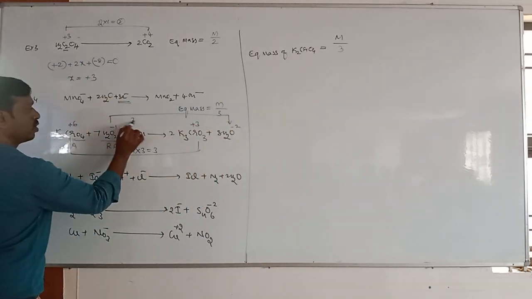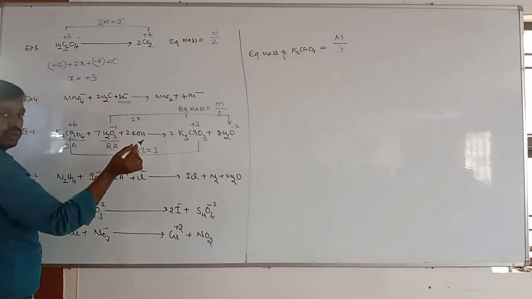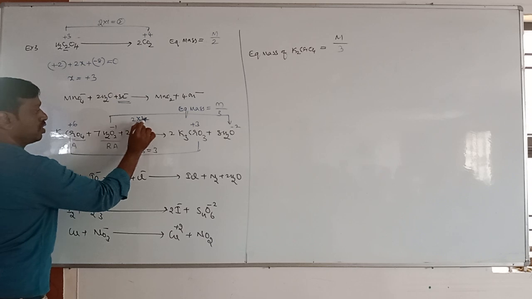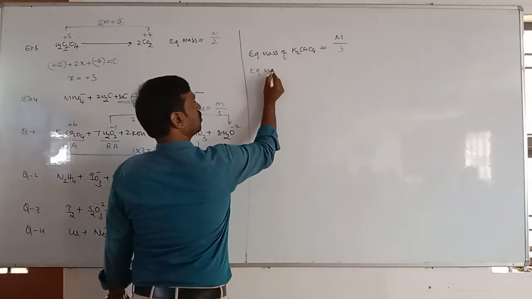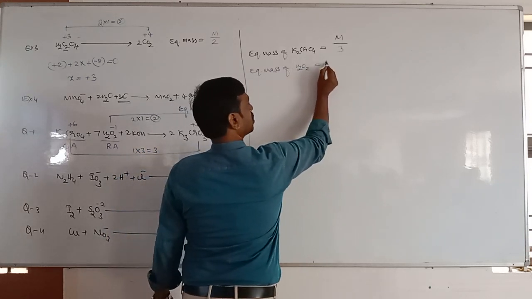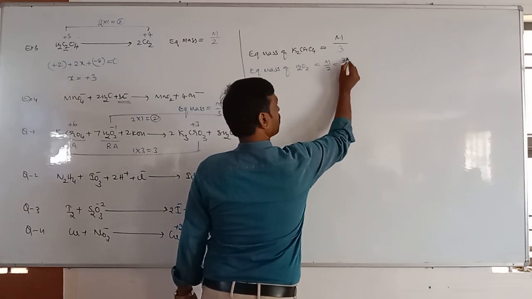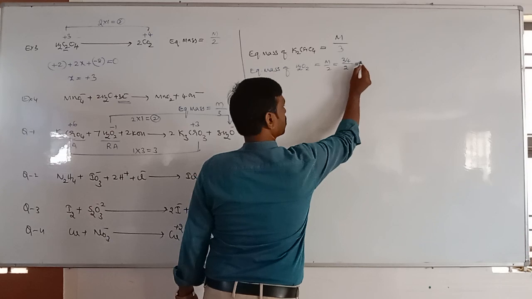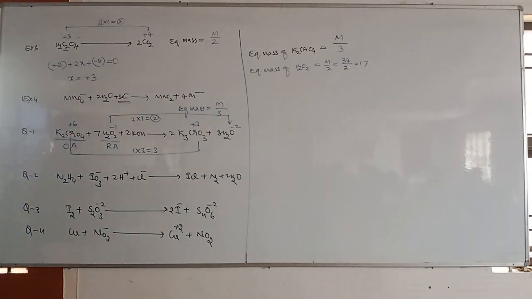How many oxygen are there? 2. -1 to -2, the change is 1, so total is 2. Therefore, the equivalent mass of H2O2 is M by 2, where the molecular mass of H2O2 is 34. 34 by 2 is 17. The equivalent mass of H2O2 is always 17 in all media.